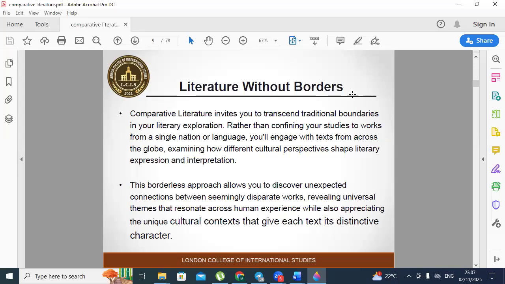The key analytic task here is to examine how cultures' perspectives shape literary expression and interpretation, meaning the same theme, like love or justice, might be expressed very differently in a Nigerian novel compared to a Norwegian one. This borderless approach allows you to find both universal themes and appreciate unique cultural contexts.